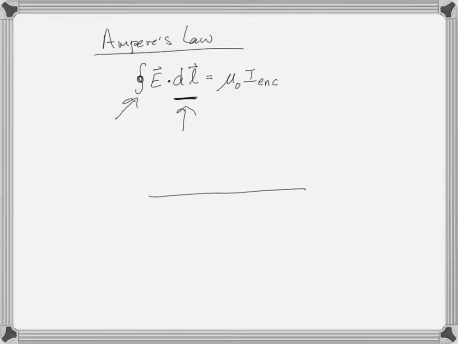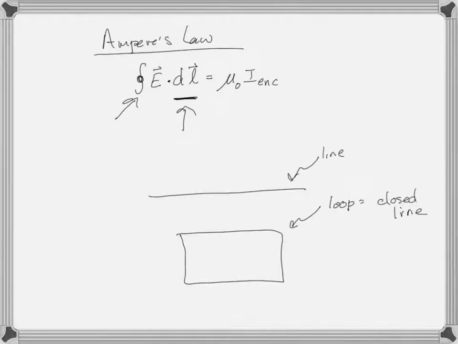A line is something like that. A loop is a closed line, not a clothesline, but a closed line. So B dot dL over a closed loop equals a constant times the current enclosed in that loop.